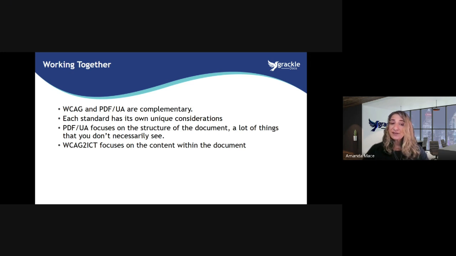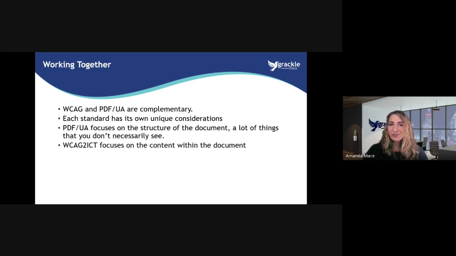So there are different considerations between PDF UA and WCAG. They actually concentrate on different things, given the intended consumption parameters of the user. So it's understanding that there are differences between WCAG and PDF UA, and what those differences are, that make a document the most accessible.